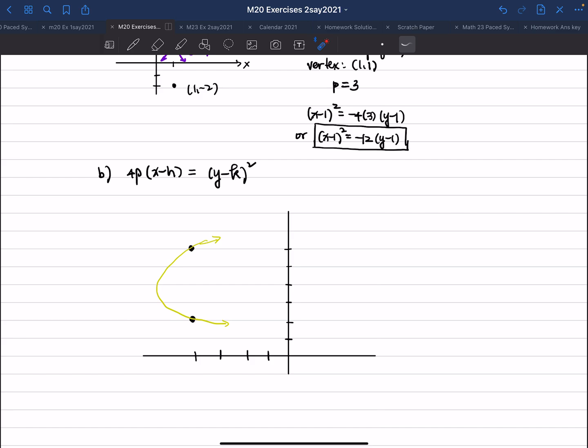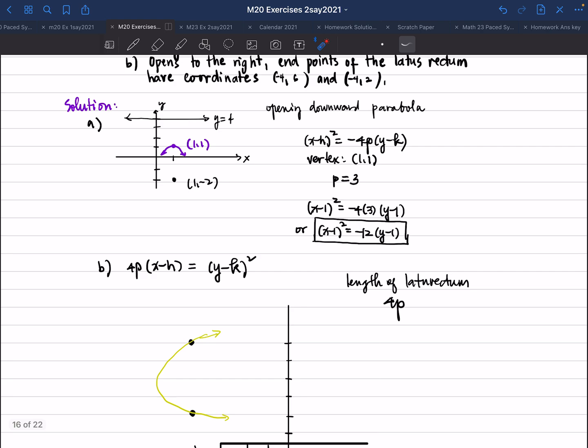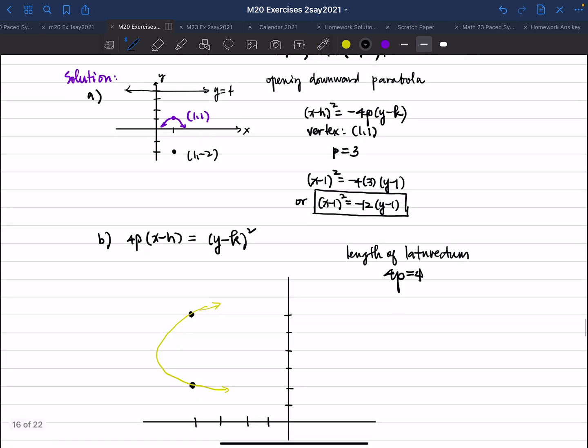And actually, the length of the latus rectum is 4p. That is the interpretation of the 4p. What is the distance between these 2 points? You can count na lang. 1, 2, 3, 4. So, 4p is 4, or p is equal to 1.